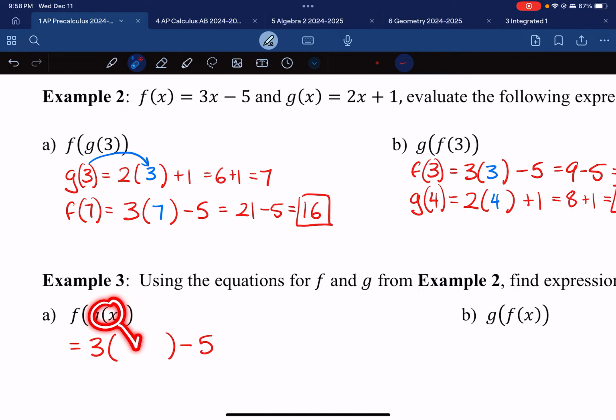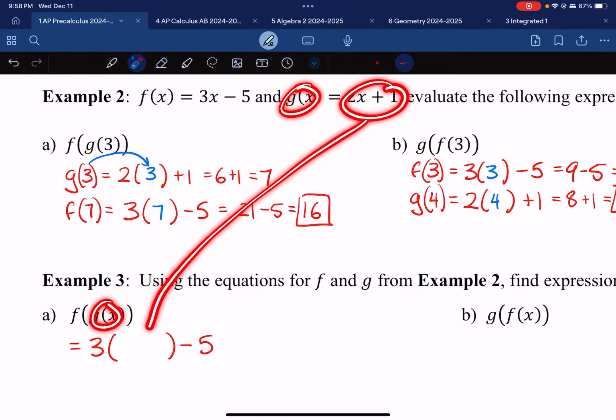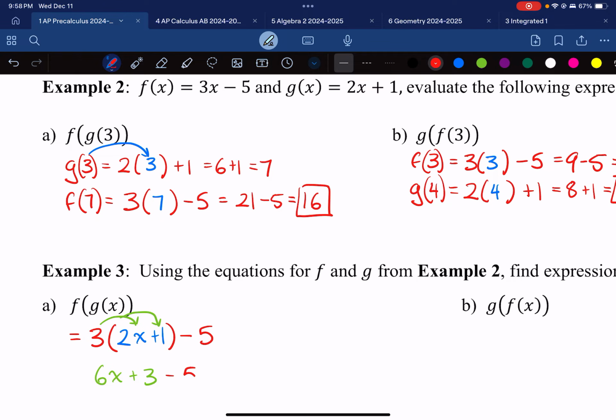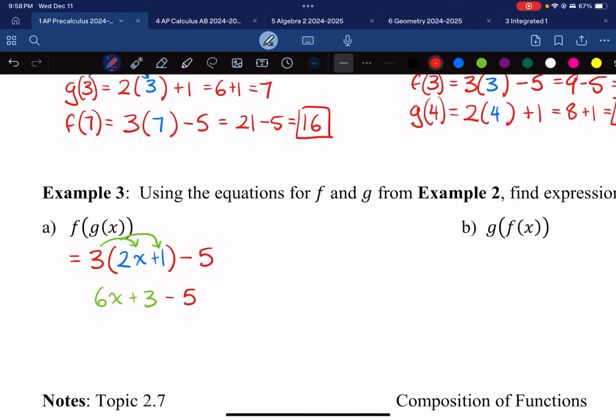This g of x goes on the inside, and this g of x is 2x plus 1, which means that is the expression that I'm plugging in. This is going to be a 2x plus 1. And don't forget to distribute, so it's going to be 3 times the 2x, which is a 6x, 3 times the 1, which is a 3, and don't forget the original minus 5 that we had. Combining like terms, this 3 and this 5 are constant terms, so I can say this is a 6x minus 2 for my final answer, which I will then box.